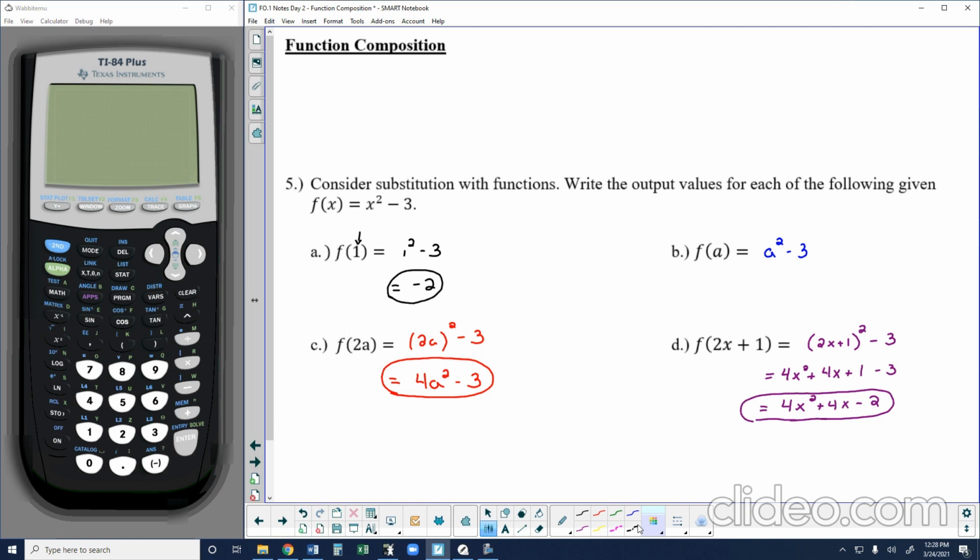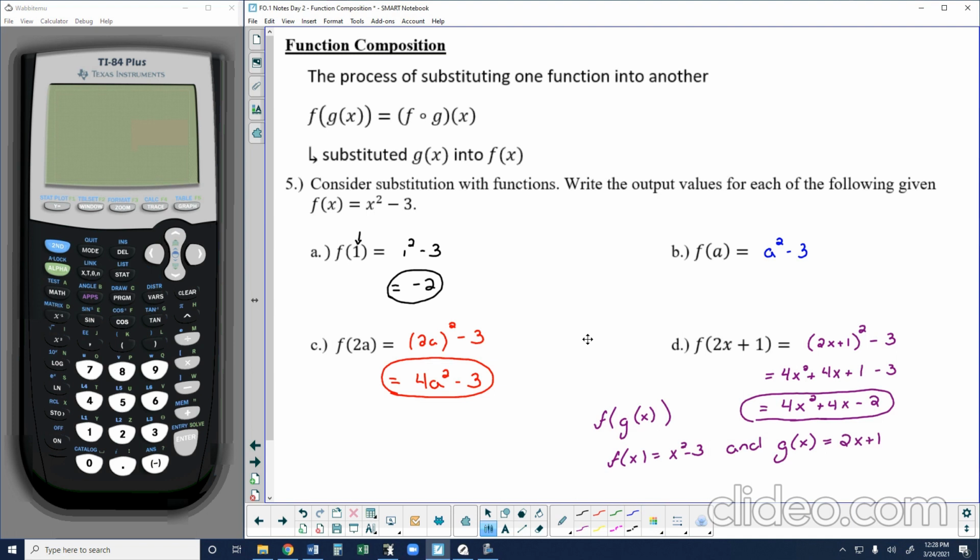We actually did a function composition which would be written as f of g of x, given that f of x equals x squared minus 3, and g of x equals 2x plus 1. So function composition is really just the process of taking one function and substituting it into a different function.